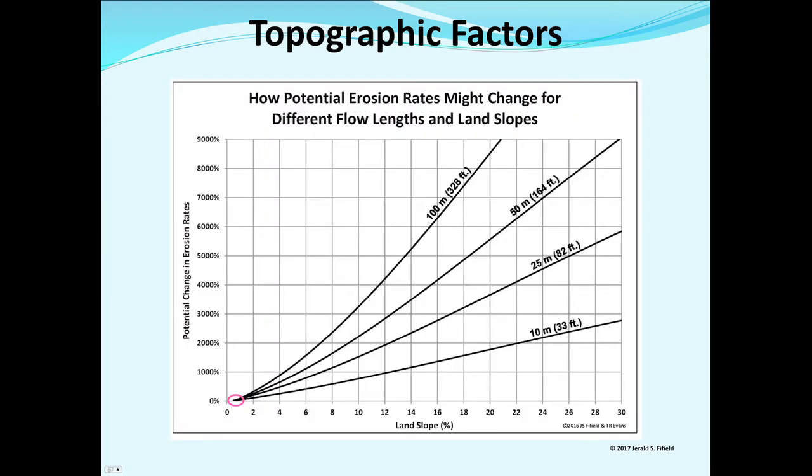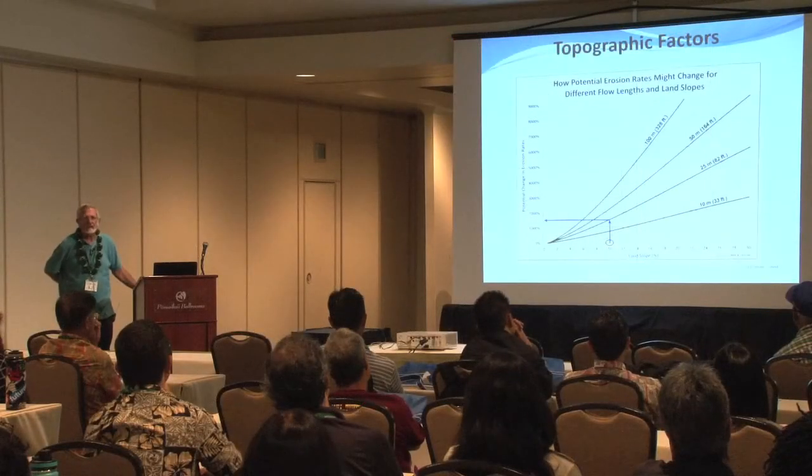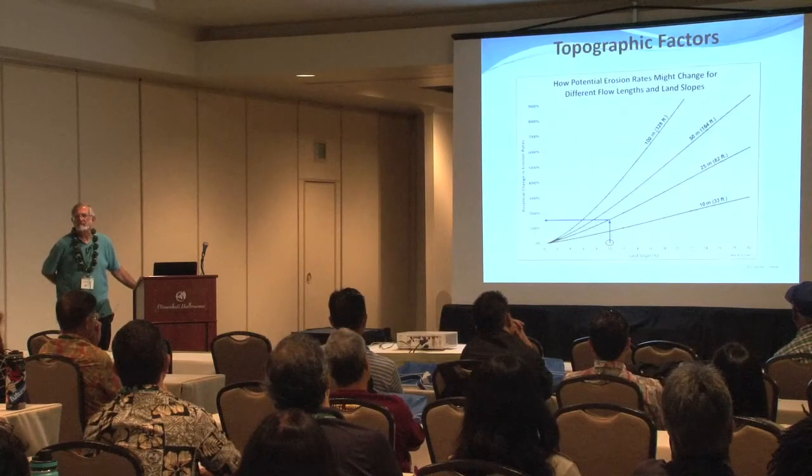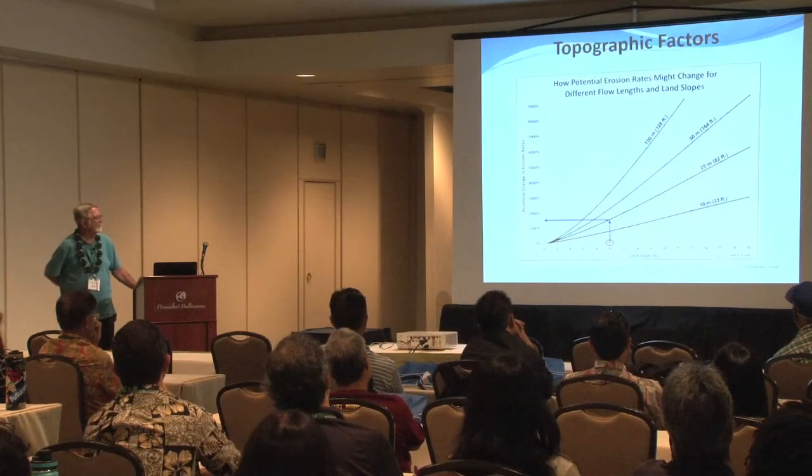And if we take a look at the potential, and this has just been a mathematical equation, if we happen to take, say, a 10% slope going up to a distance of about 32 feet, and we look at that and say, well, that's only about 1,600% increase in sediment with flat land.